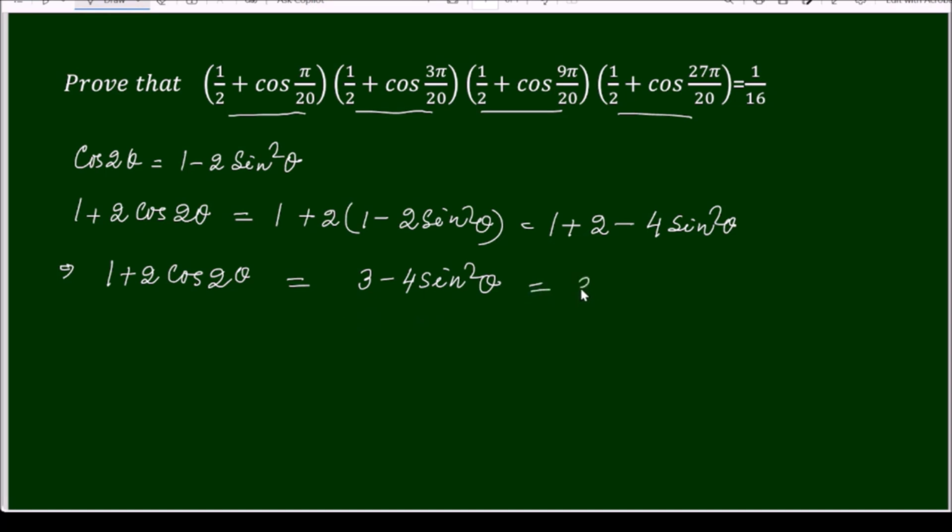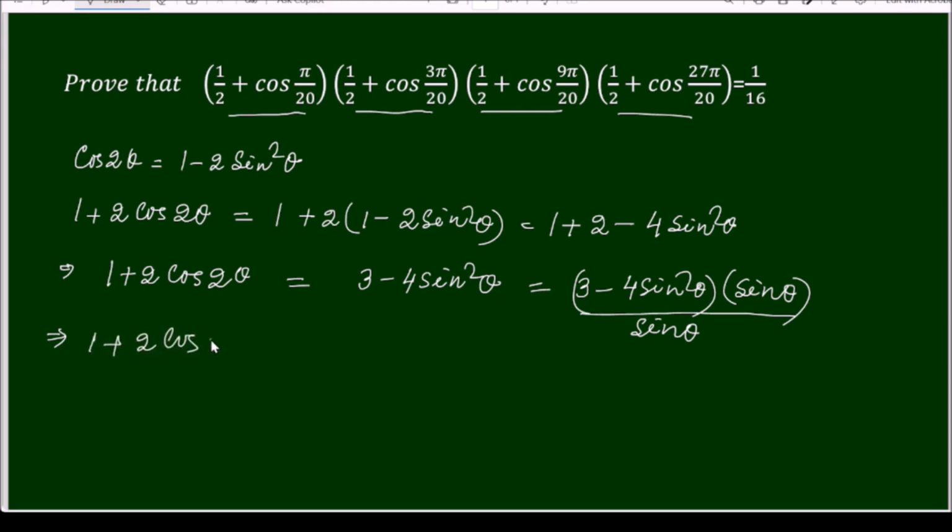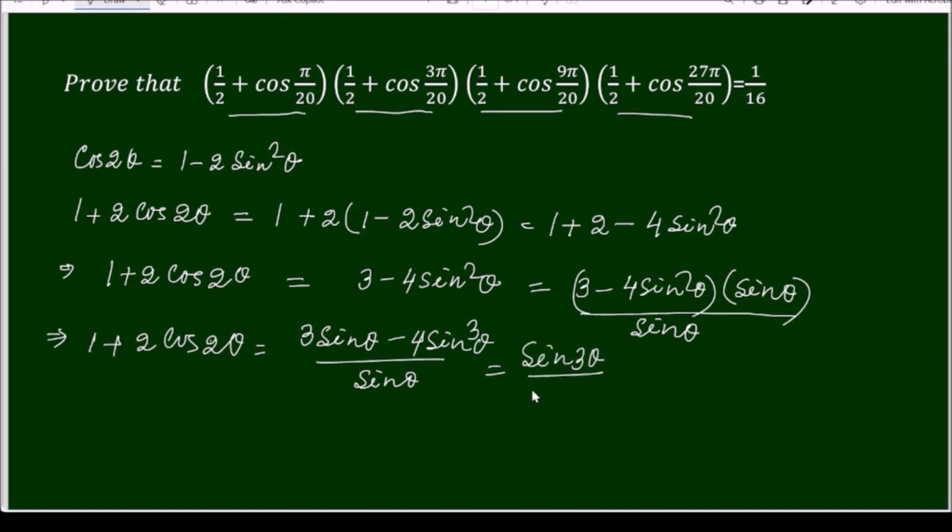If I multiply sin theta in both the numerator and the denominator, in the numerator I am getting sin 3 theta, because this is 3 sin theta minus 4 sin cube theta. So the numerator is sin 3 theta, and of course the denominator is sin theta.